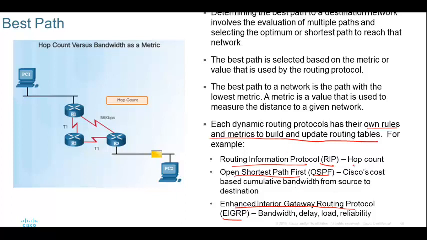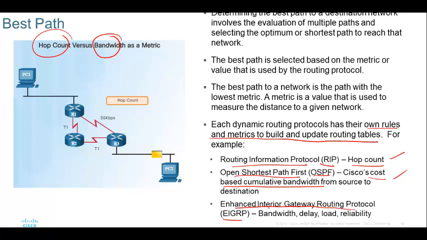OSPF uses cost that is calculated based on bandwidth. Now you see that's the reason why the topic has come, bandwidth versus hop count. It is like RIP versus OSPF. We'll talk about that, but before that, let's talk about this. EIGRP uses bandwidth, delay, load, reliability.